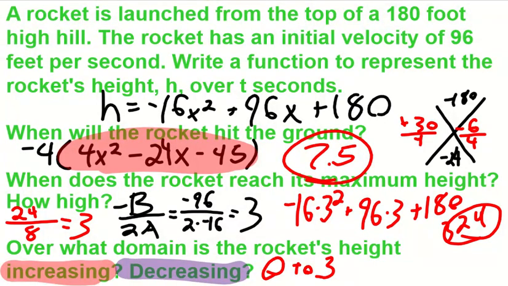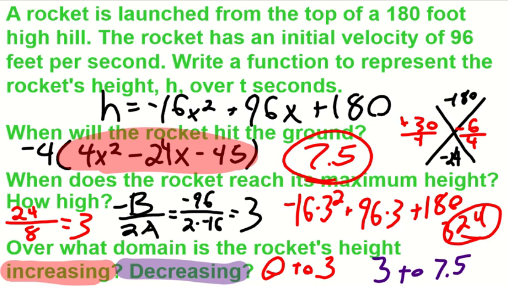If we're looking for the interval that it's decreasing, at what time does it start decreasing? 3. It goes up until it gets to 3, then it starts decreasing. When does it stop decreasing? 7.5, yeah, it goes splat, right? Or boom, or whatever the rocket does. Right?